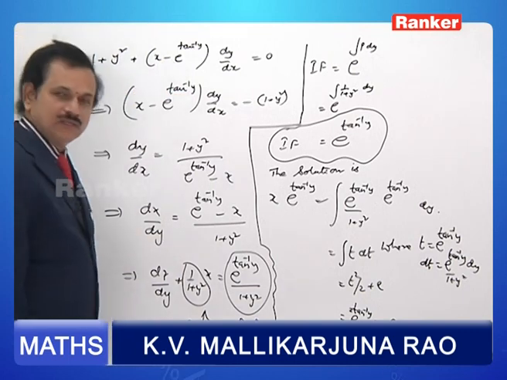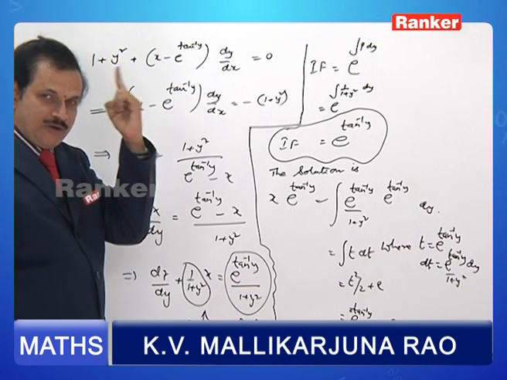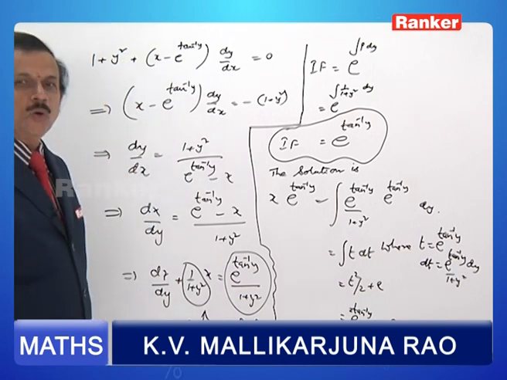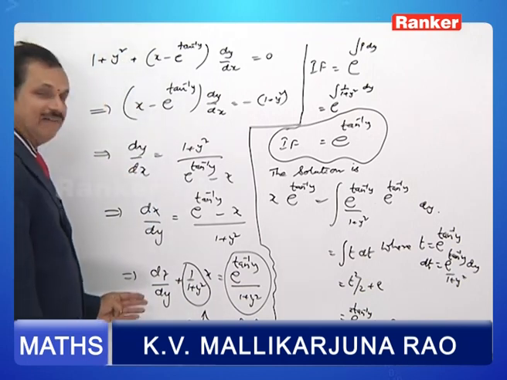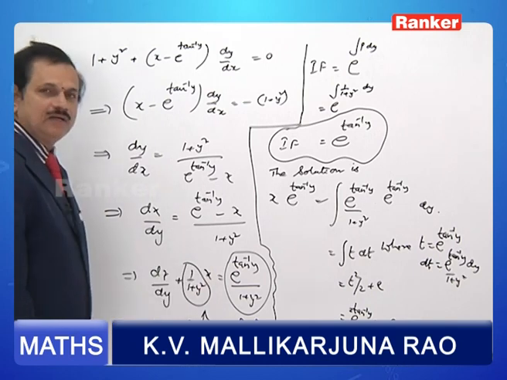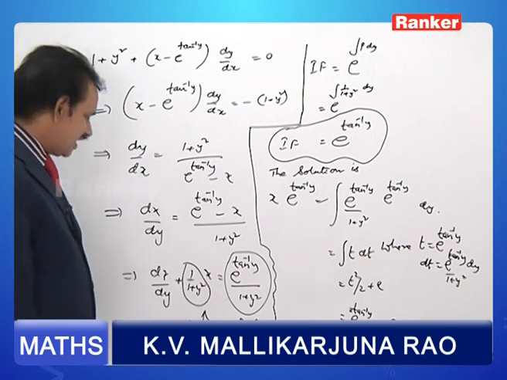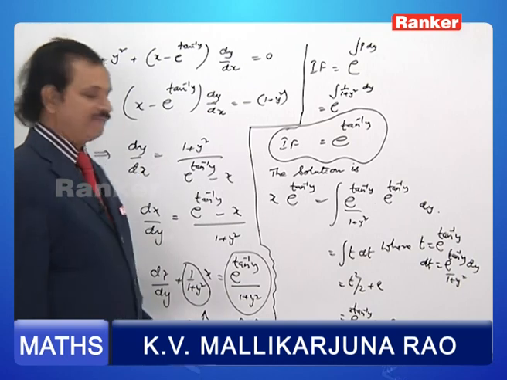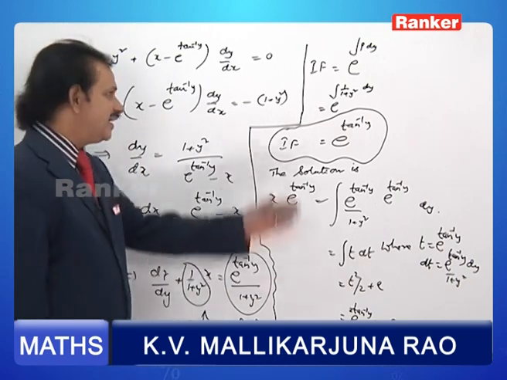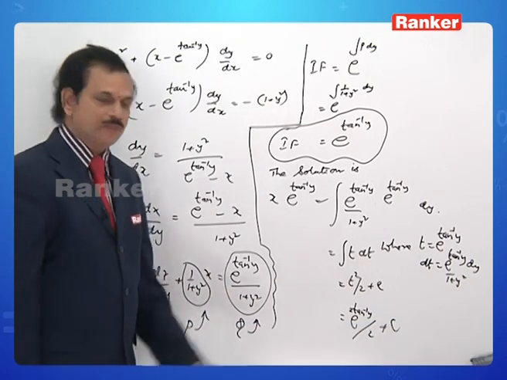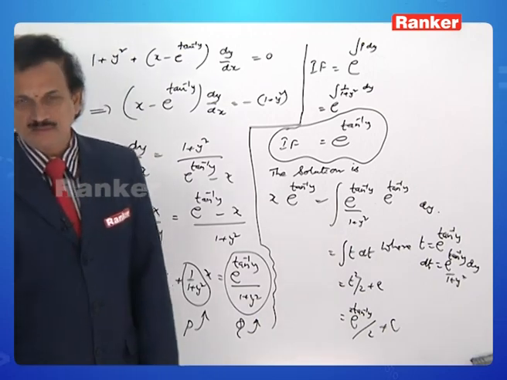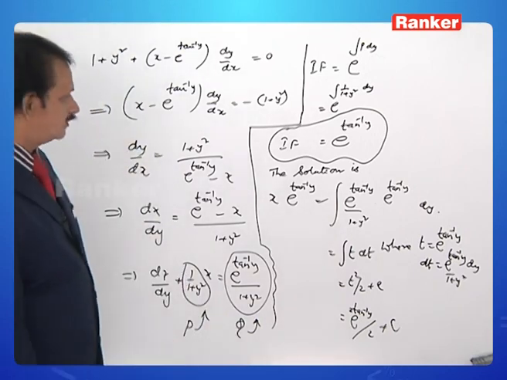Keeping that in mind, only then could we have arrived at this step. By looking at that equation, we noticed P, Q and IF. That is the solution. Please follow this.